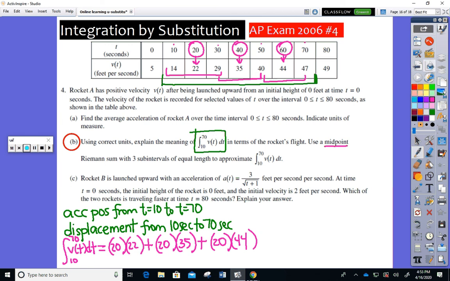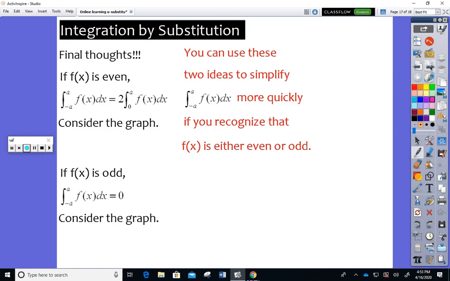All right, the last thought I want to give you is sometimes when we're working problems, and this isn't specific just to u-substitution problems, it's easier if you think about what the graph looks like. So for instance, if I were to say, please find the integral from -6 to +6 of x squared dx. Well, guys, I know that means the area from here to here.